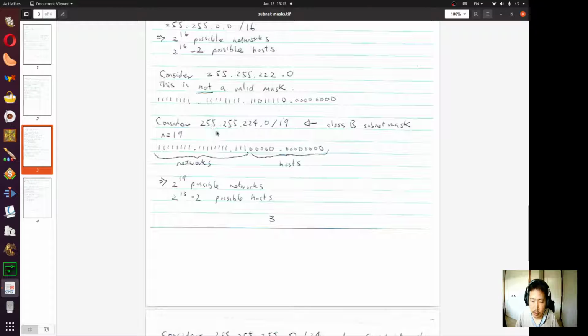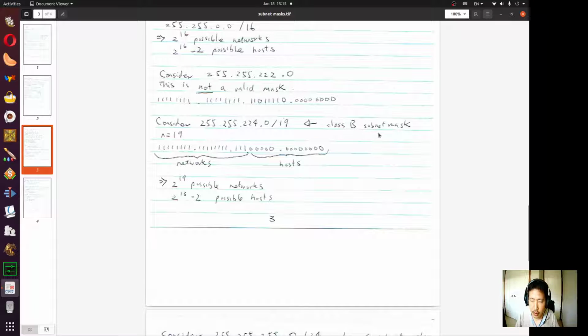Okay, consider 255.255.224.0/19. Pay attention here. This is a class B subnet mask because in this case, the first octet and the second octet are 255, but the third one is less than 255.